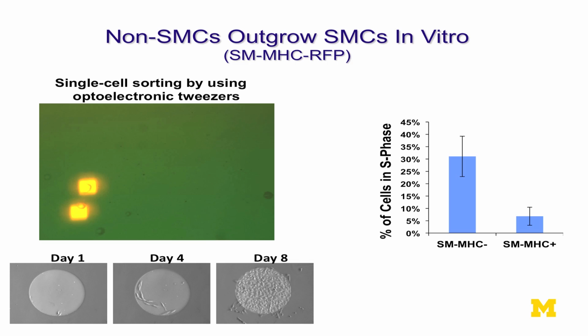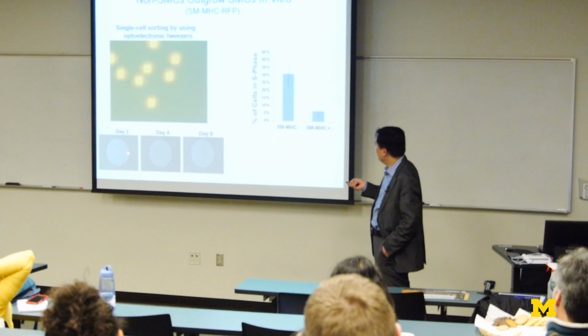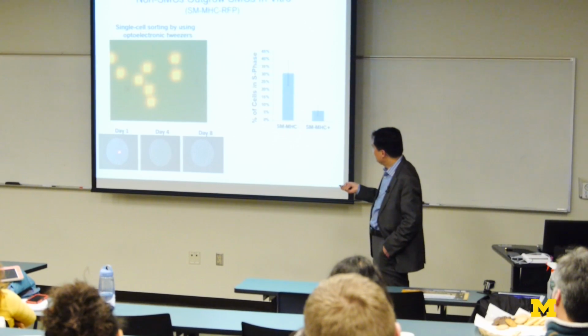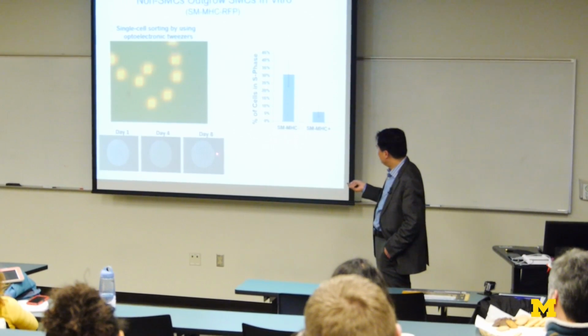So here shows the process. We collaborated with Ming Wu's group in electrical engineering at Berkeley to use optoelectronic tweezers to take individual cells and put them into individual matrix islands. And with time, the cells will grow and expand.